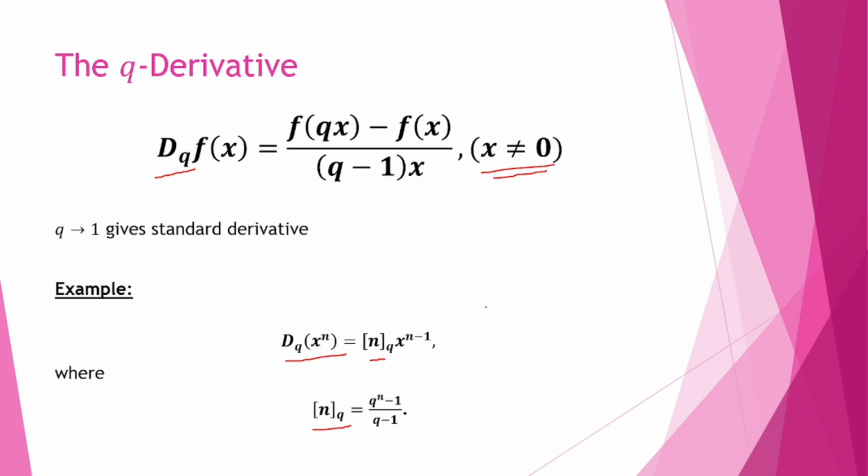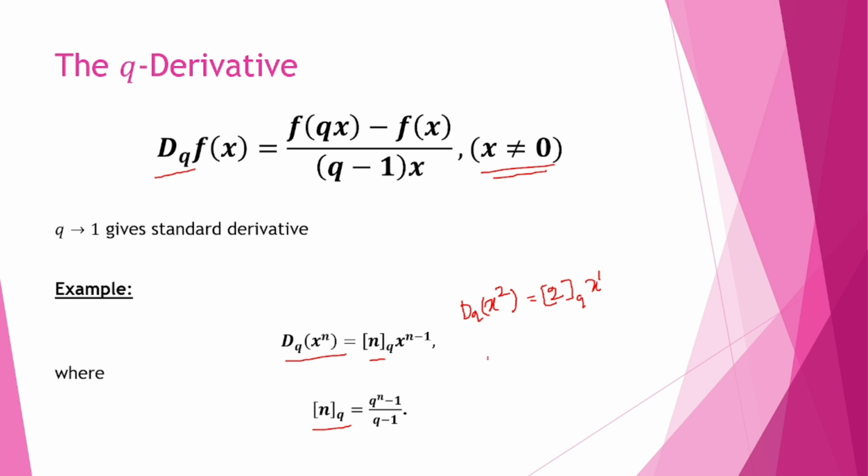That means if I simplify, if I take x square, the quantum derivative of x square will be nothing but 2q into x to the power 2 minus 1, that is x to the power 1.